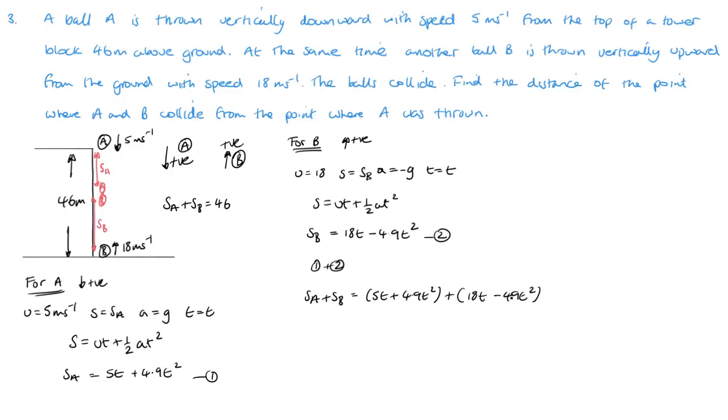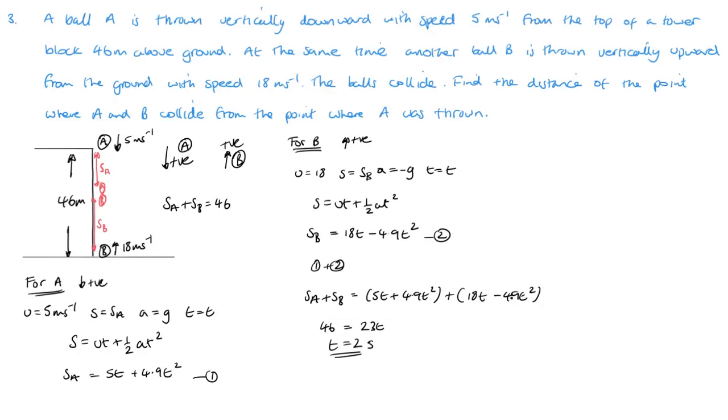So SA plus SB we've already established is 46. And then 5t plus 18t is 23t. And the 4.9t squared minus 4.9t squared cancels. So this now gives me that t equals 2 seconds.